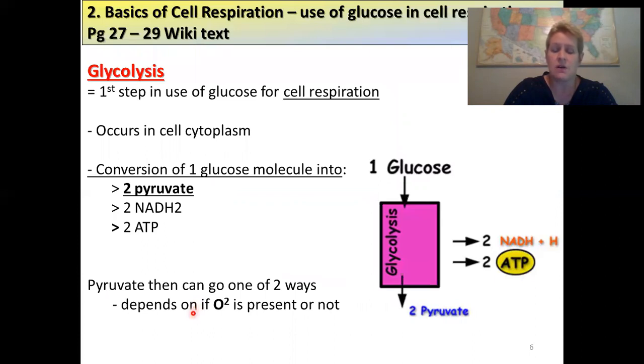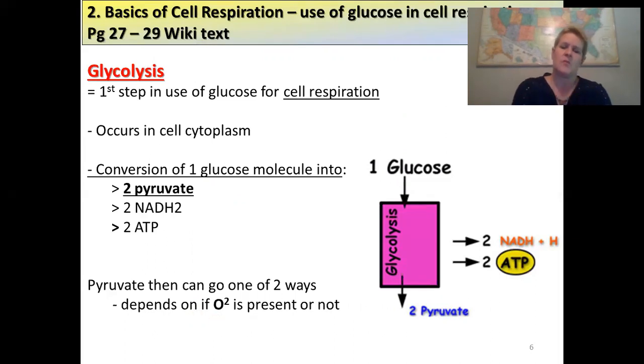If there is oxygen, that pyruvate can go through 3 more steps: pyruvate conversion, Krebs cycle, and the electron transport chain, and you can make a lot of ATP. If there is no oxygen, your cells can process pyruvate, but it'll only make 2 ATP and some lactic acid as a byproduct. So oxygen is always best.